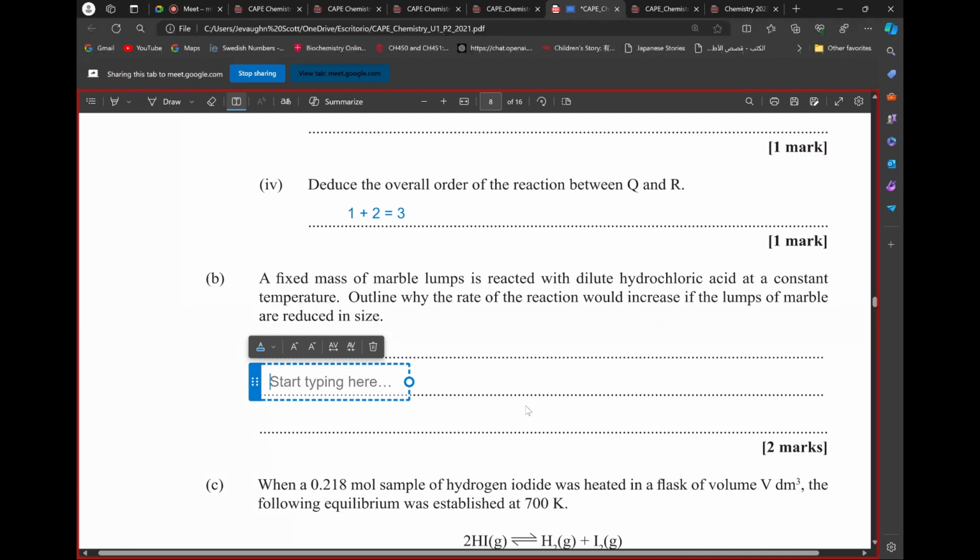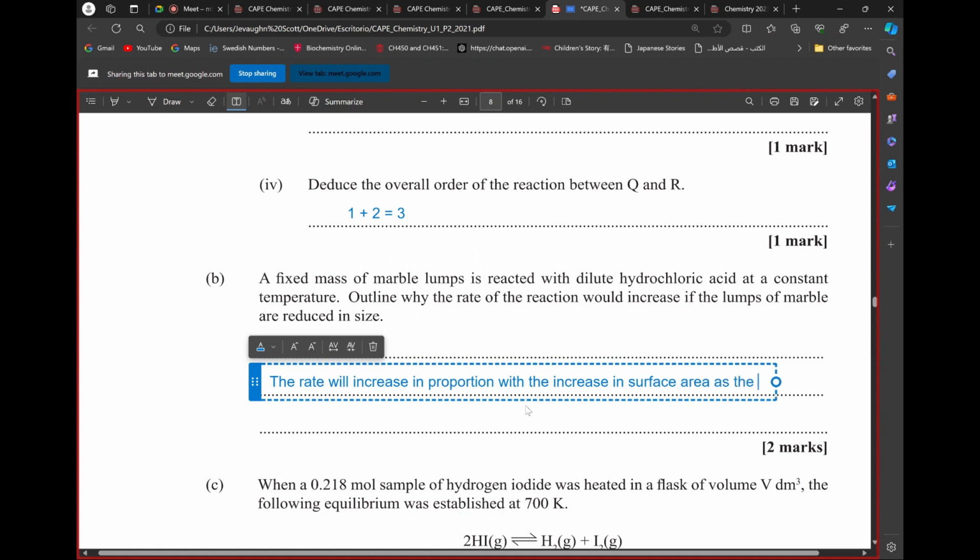I would say the rate of reaction would increase because the surface area is increasing, so more reactions would occur. Yes, sir. There would be more particles to react with, and the particles would be more exposed.